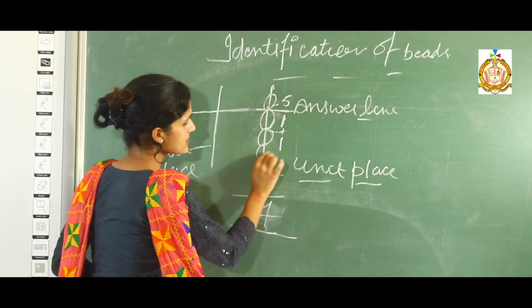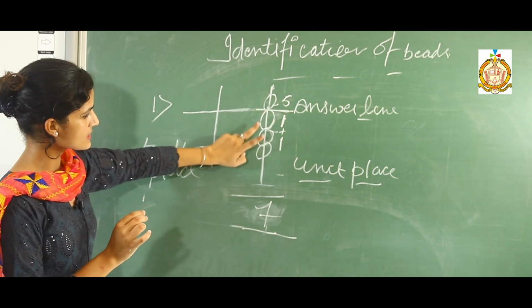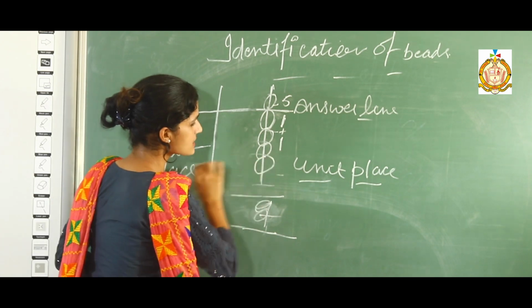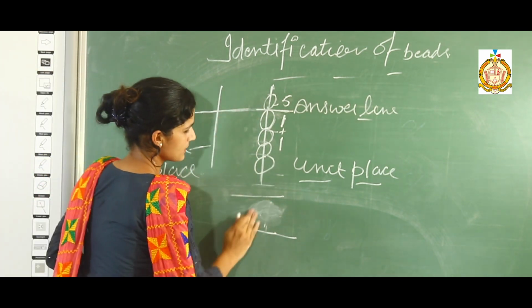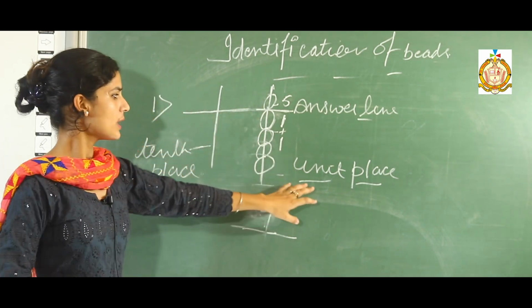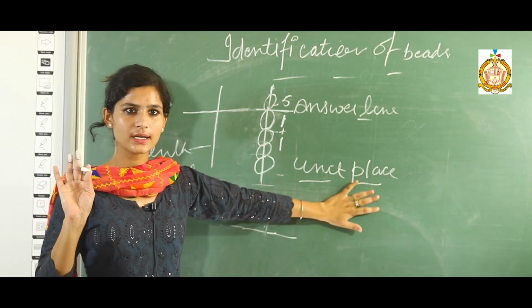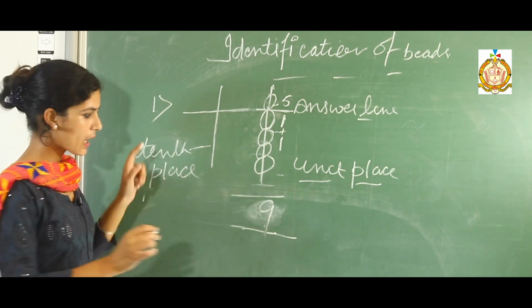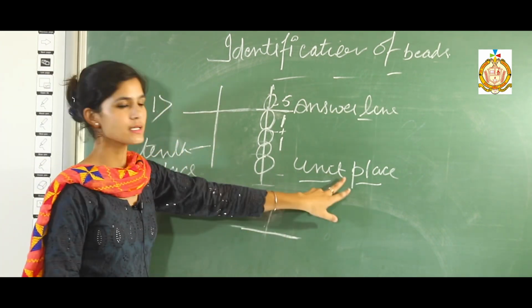If one more bead is attached, then 5, 6, 7, 8. Your answer is 8. If one more bead is attached, then your answer is 9. I already told you that the right hand side indicates your unit place, and we can add up to 9 on the unit place side.